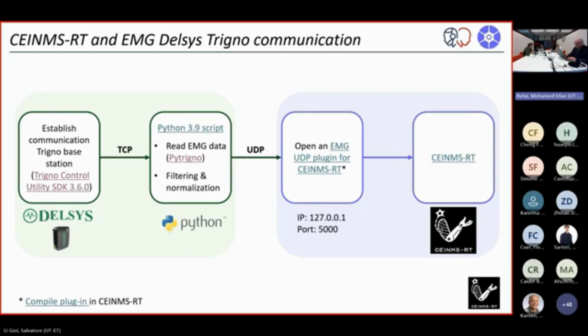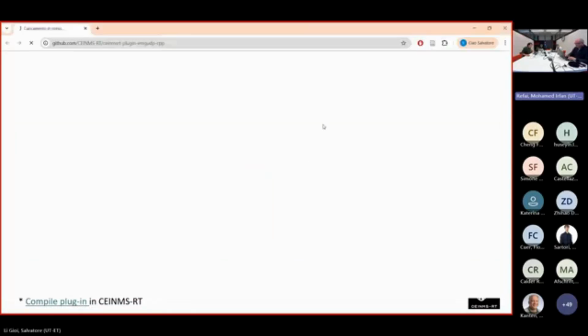Then the script sends all the EMG to CEINMS, and in order to have a communication with a UDP protocol between CEINMS and Python, you have to use an EMG UDP plugin that is available in the open source repository.